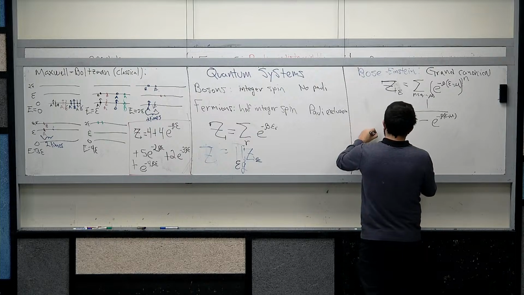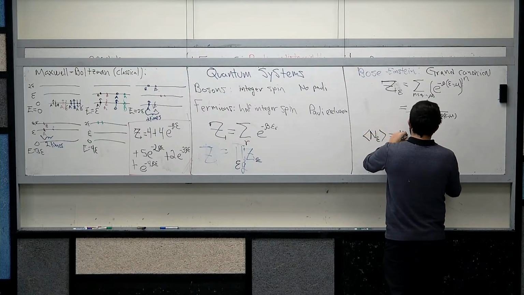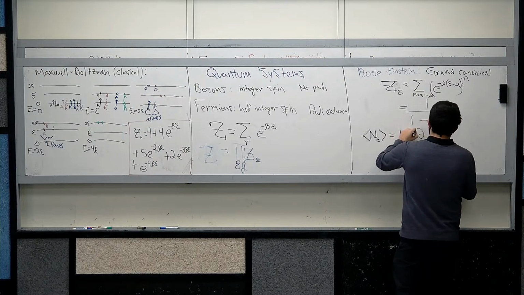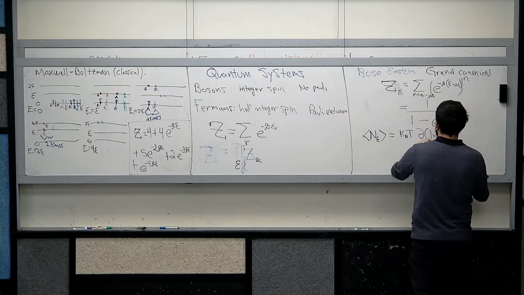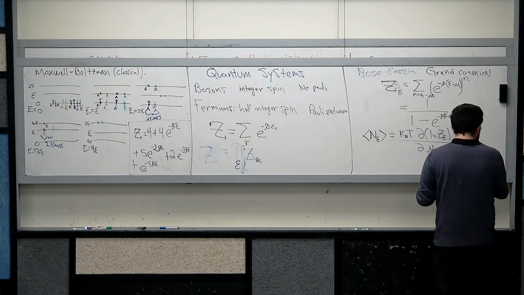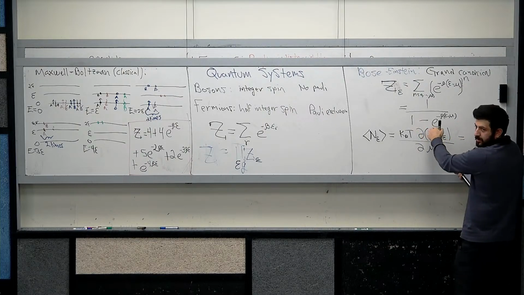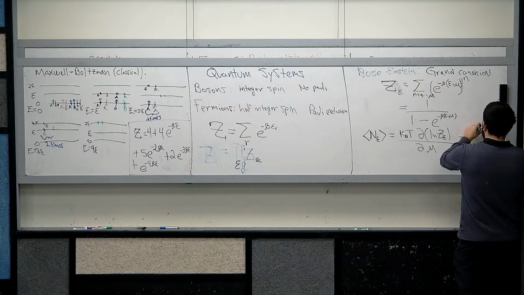So this expected number of particles is just k_B T d ln Z_epsilon over d mu. And you can just perform this derivative, which is very easy, and you will get that it's actually epsilon minus, it's not minus.